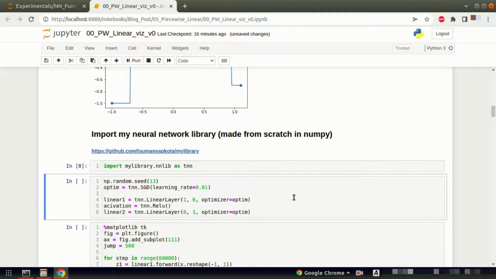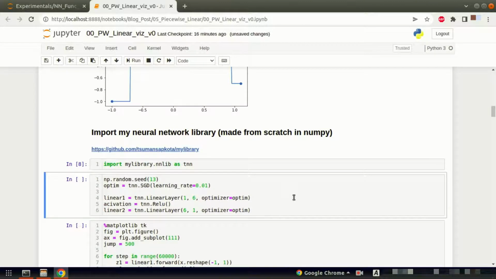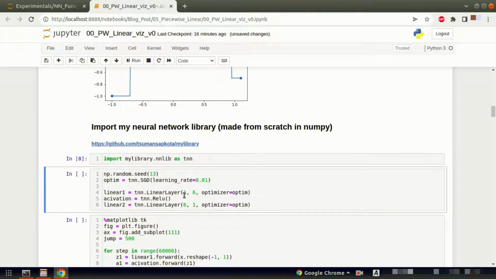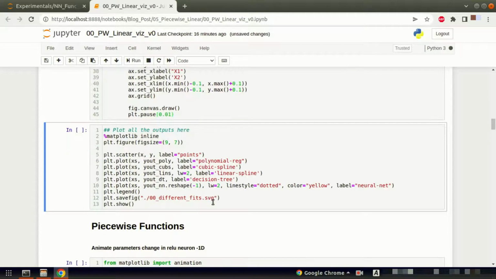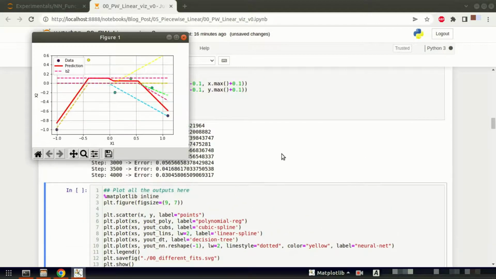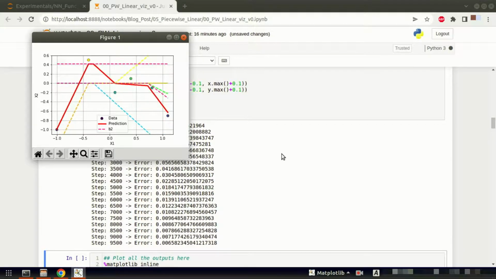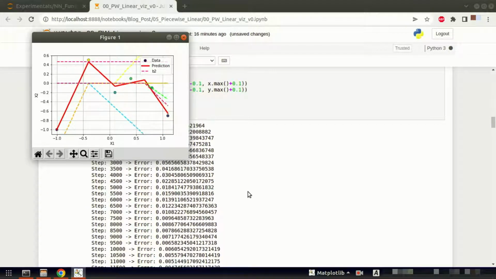And for the neural network, we use our neural network made from scratch. Not to think much about it, we use 6 hidden layer and ReLU activation function for a single hidden layer neural network, and this is the optimization process.